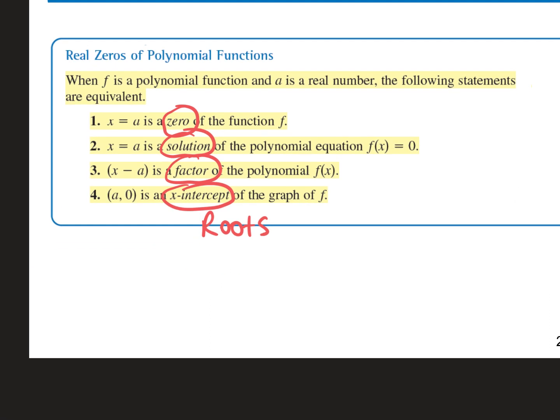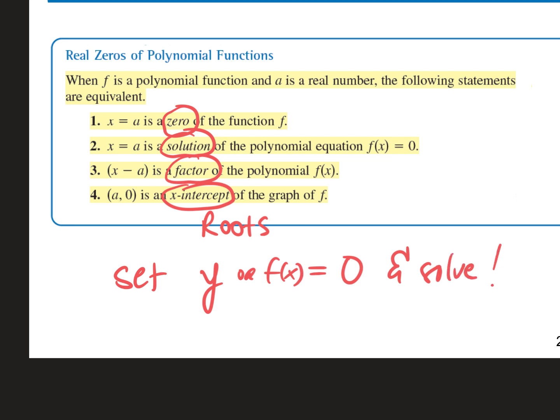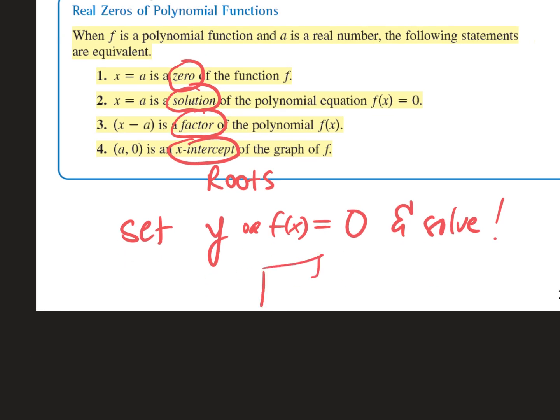Zeros. They mean where the graph crosses the x-axis. How do I algebraically figure that out? You're going to set y, or f of x, however it's written, equal to 0, and solve. 90% of the time, what are we going to do? We're going to factor. Factor's never going away.